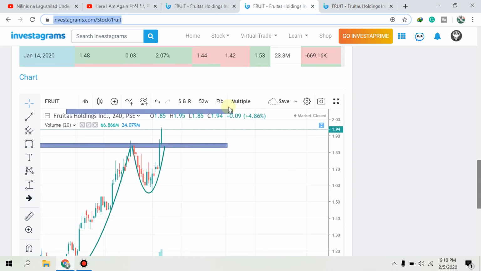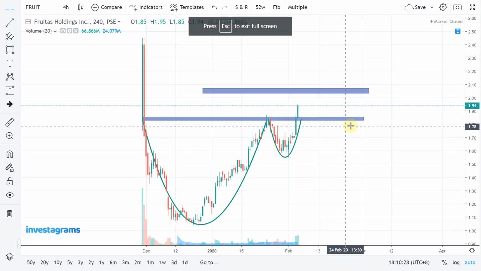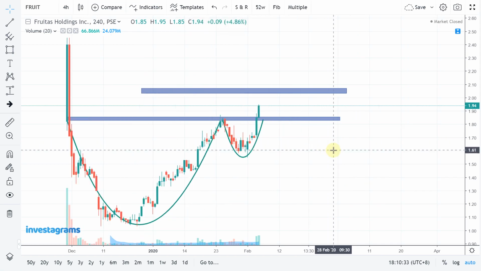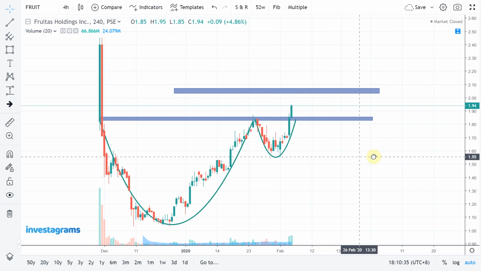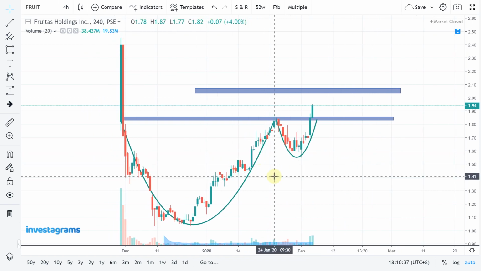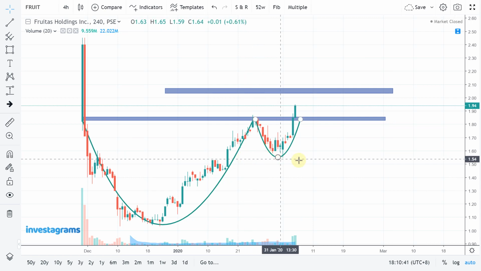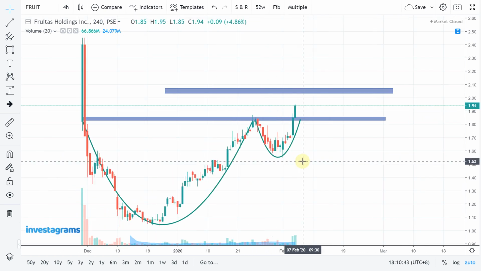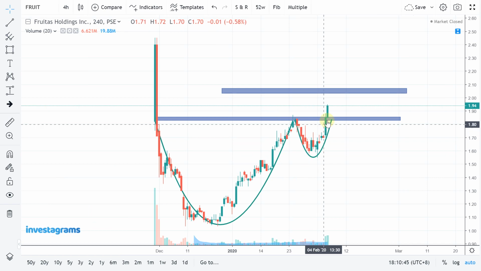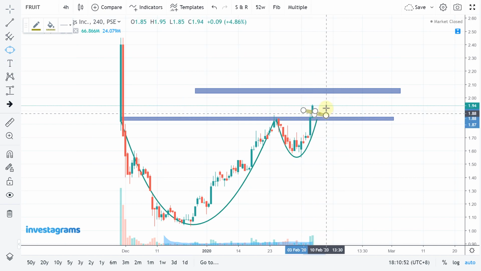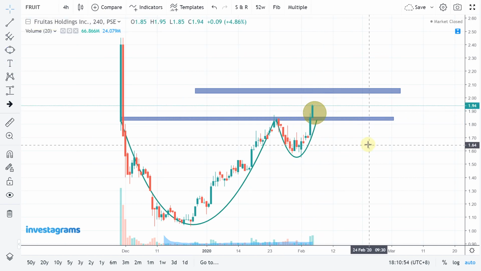Umpisa natin sa 4-hour chart. So for fruit, sa 4-hour chart, we see a big cup with handle pattern. So yung ating handle is na-break na. So meron na tayong rally.